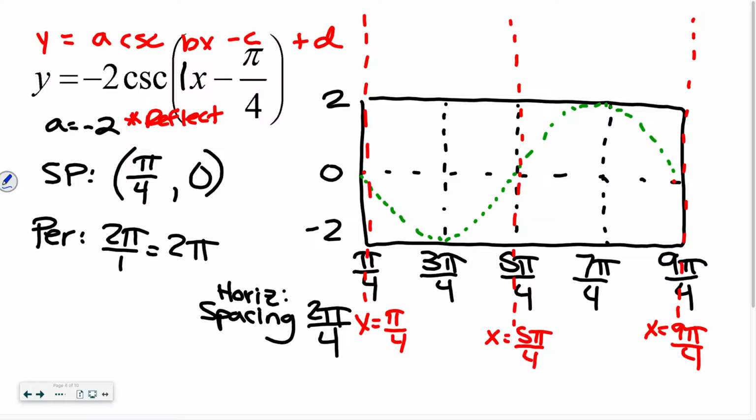And then my mountains turn into U's that open up, and my valleys turn into U's that open down. So I have a maximum point here at 3 pi over 4, and this is negative 2. So I label that point. That's easy because I've already done my frame. And I did that one up here. 7 pi fourths and 2.